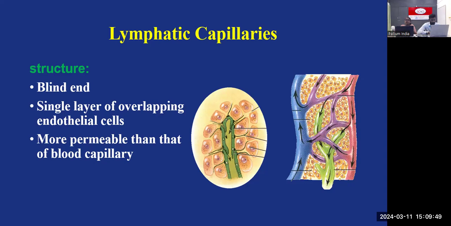They have a single layer of overlapping endothelial cells in clustered form, and these overlapping endothelial cells are more permeable than those of blood capillaries. So lymphatic capillaries can easily absorb large molecules also. So this is the structure of lymphatic capillaries.